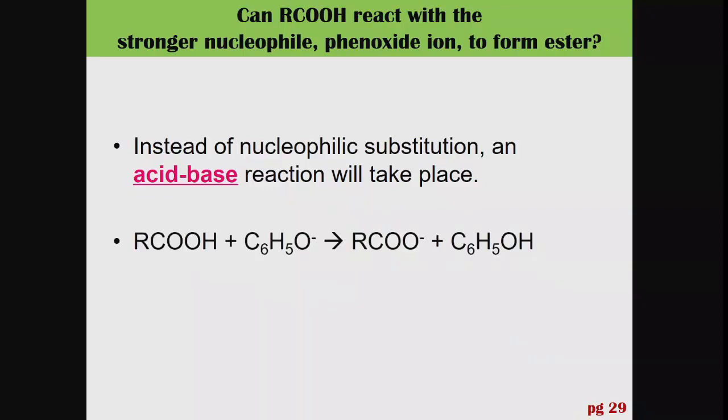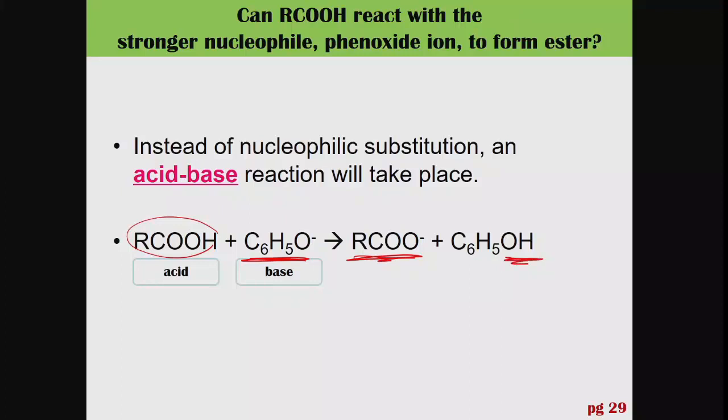Because carboxylic acid is actually a weak acid, and the phenoxide ion is the conjugate base of phenol. So a conjugate base is a base, and an acid in the presence of a base will react. Your carboxylic acid will lose a proton to form COO minus, while phenoxide will gain a proton to form back your phenol.